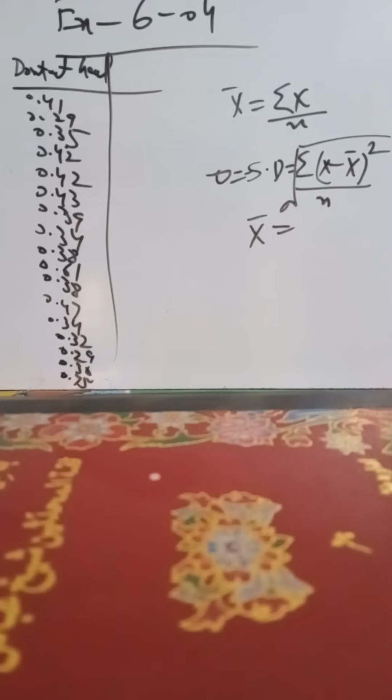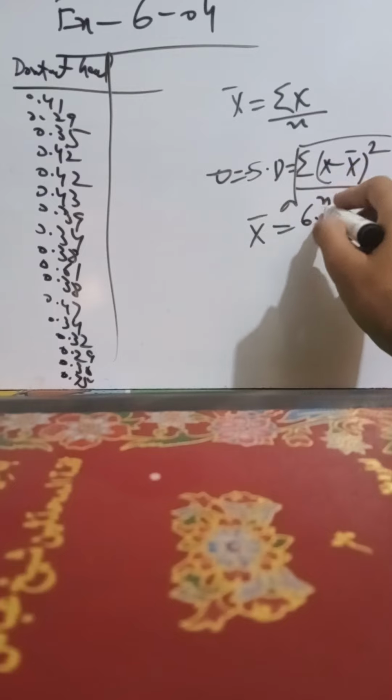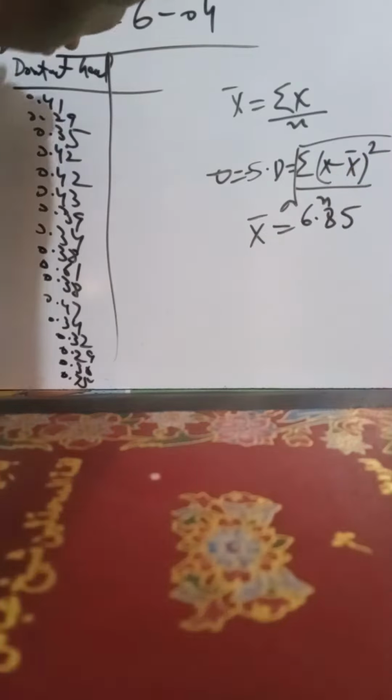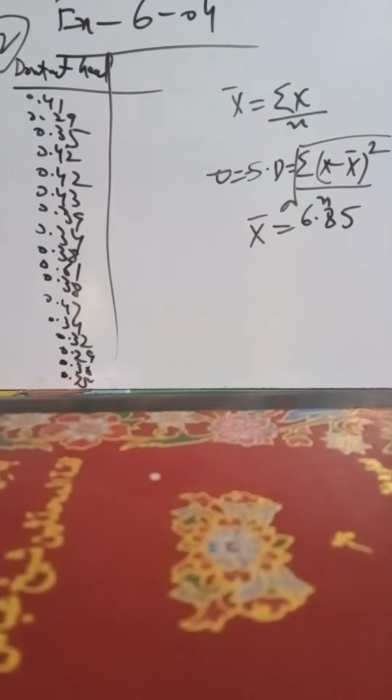0.34 plus 0.75 plus 0.34 plus 0.47 plus 0.34 plus 0.32 plus 0.29 plus 0.3. So at the first stage, I have calculated the values and the sum is 6.85. This was question number 2 of your exercise. 6.85 is the sum of all these values.